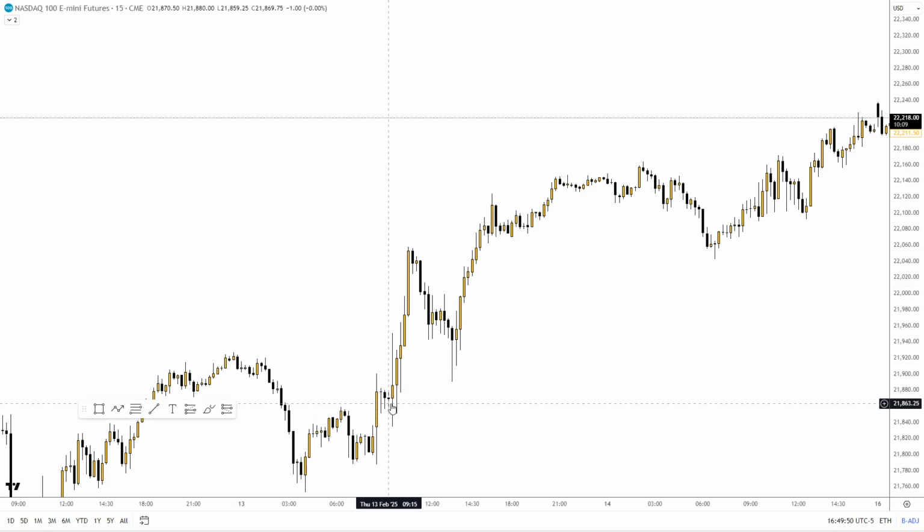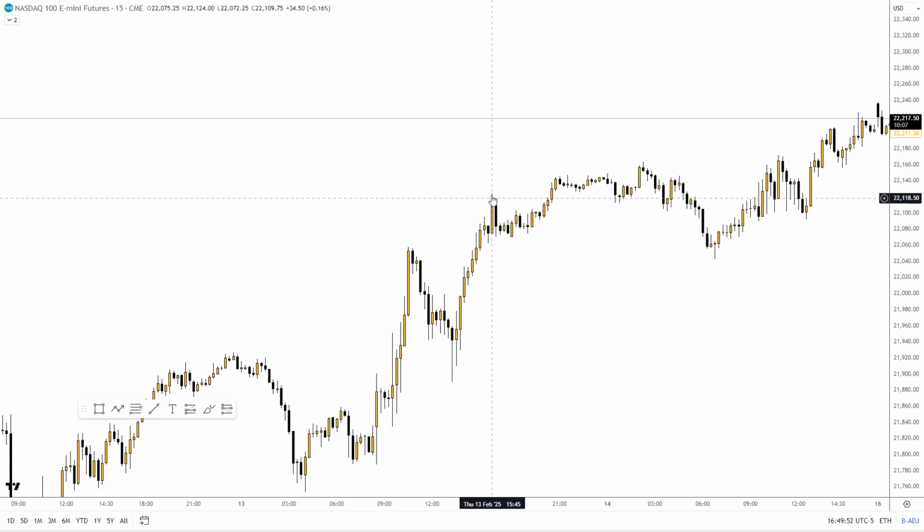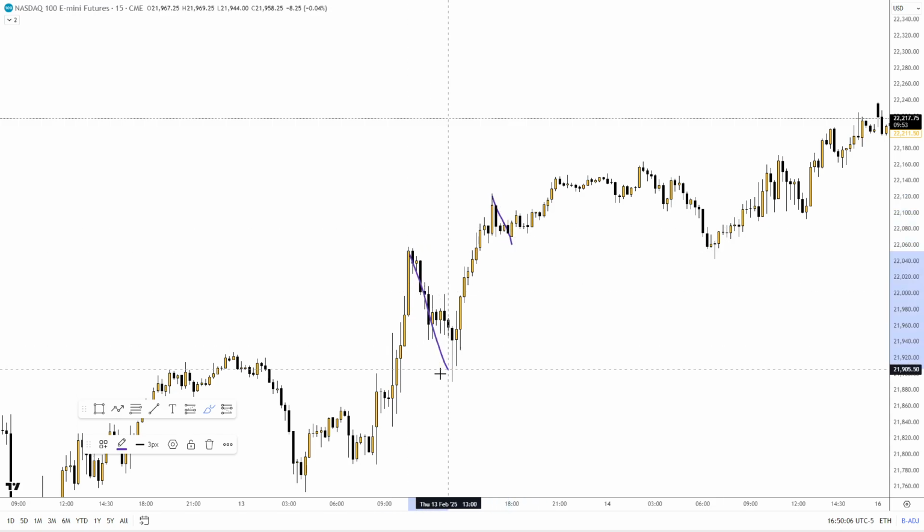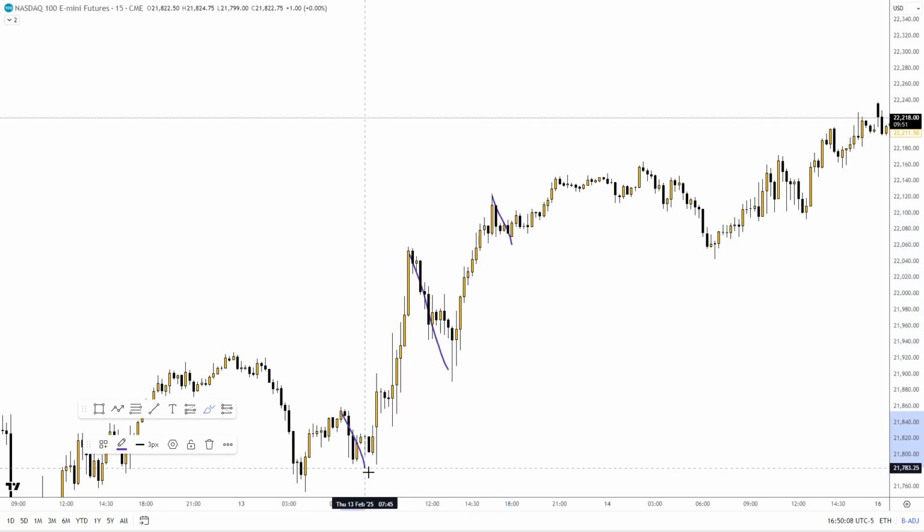This just went sideways, we accumulated. But here, we actually tried putting in a valid low, or valid high rather, sorry. And then we ended up breaking order flow and then continuing higher. So I would consider this an attempt, that's an attempt.